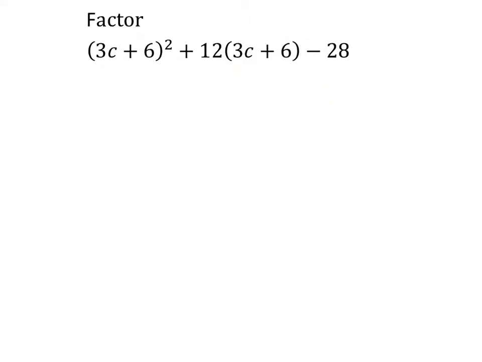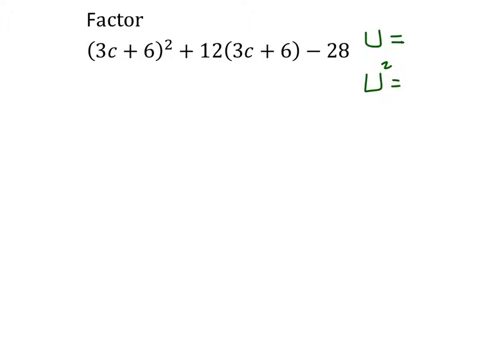Because now we have a binomial squared plus 12 times the same binomial minus 28, all right? So now, when I look to substitute in this one, I'm going to use u and u squared again. So u is usually in the middle term anyways.